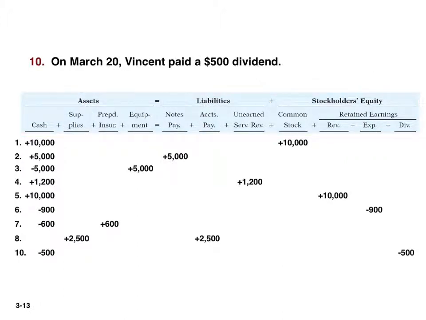Now this is a situation where we're going to pay a dividend to our shareholders, a $500 dividend. Again, cash and dividend. So cash goes down by $500 and dividend actually goes up, but because it's a reduction of retained earnings, we're going to put it as a negative.